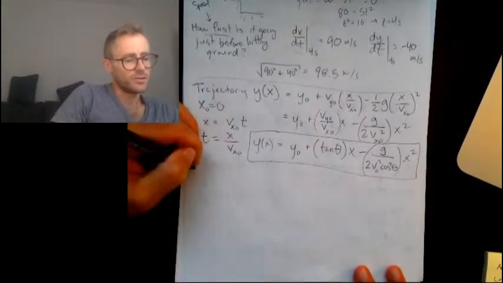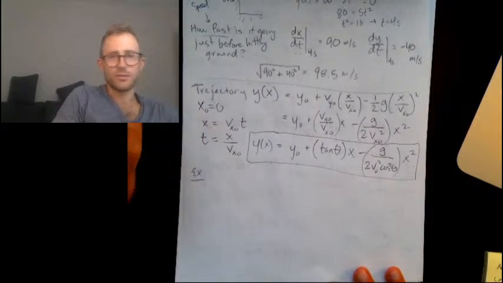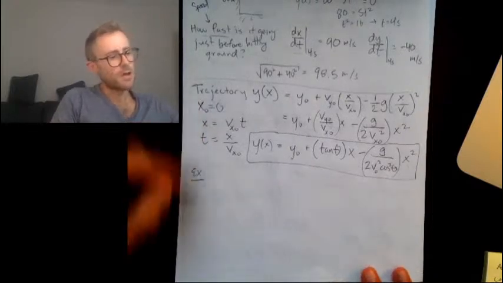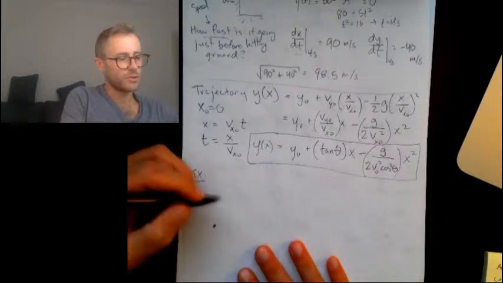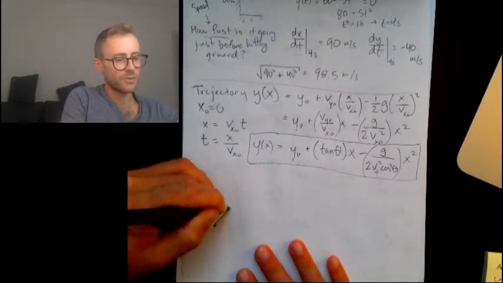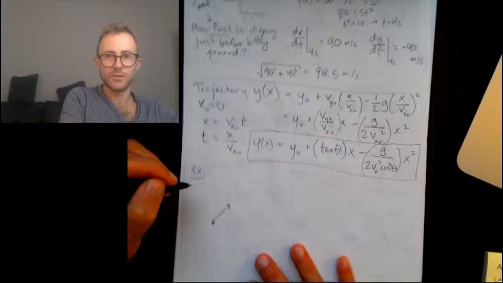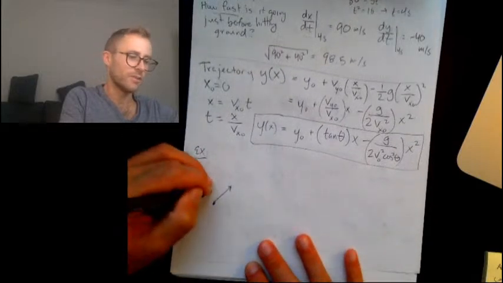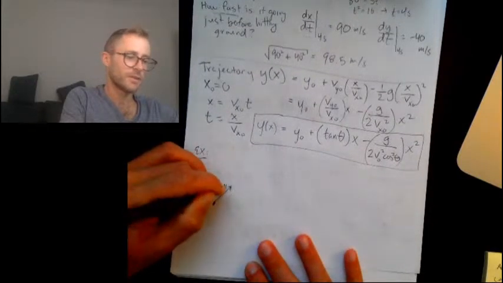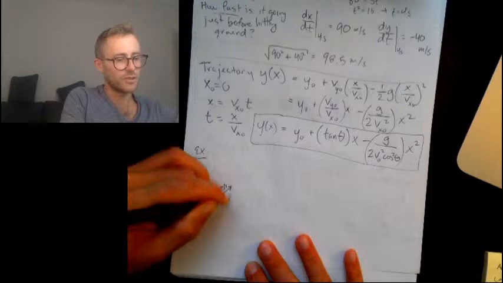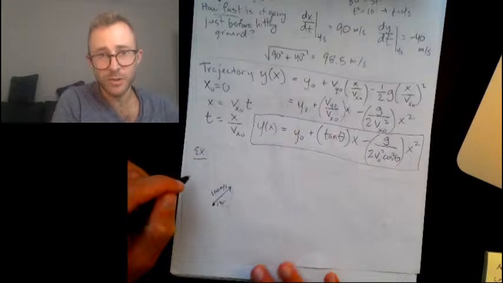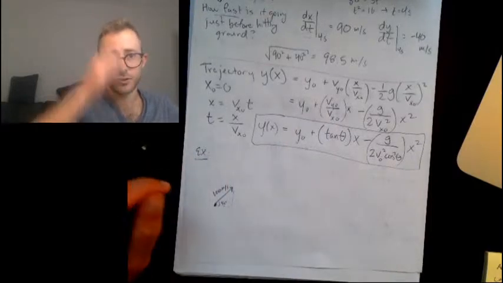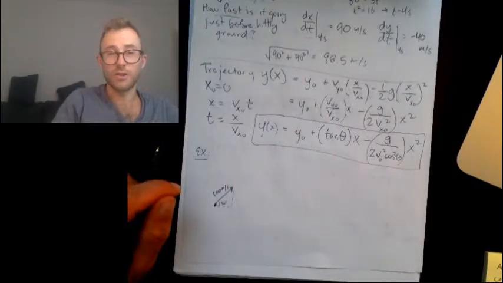All right, so we can use this to solve kind of an interesting problem. What if we launched that same projectile that we've been working with this entire lesson, the 100 meter per second projectile that's launched at 40 degrees above the horizontal, only we're not going to have it launched across a level surface.